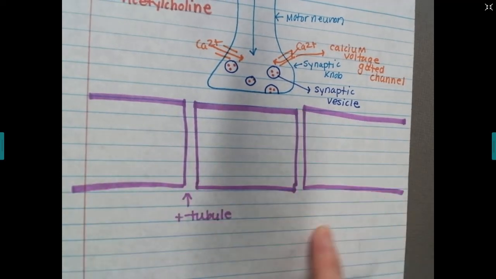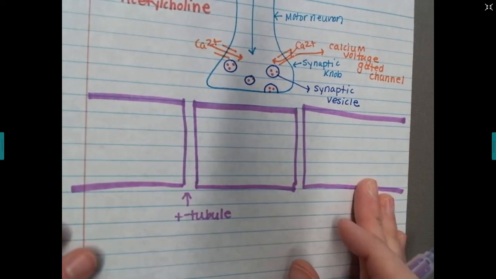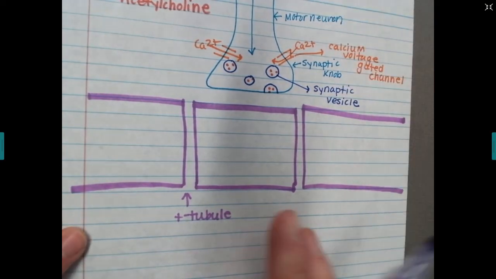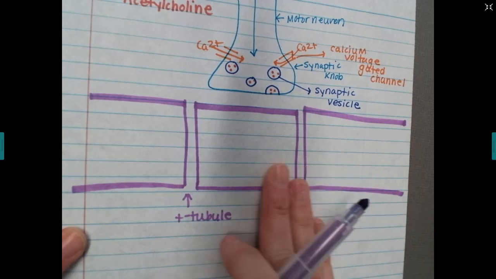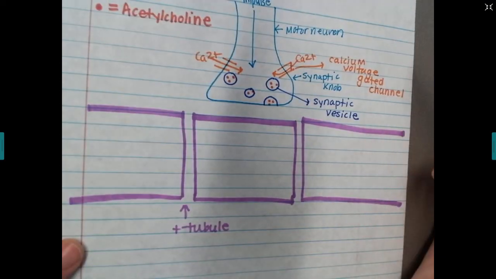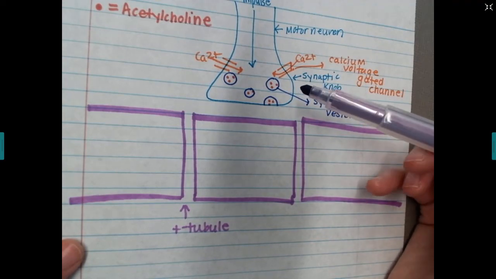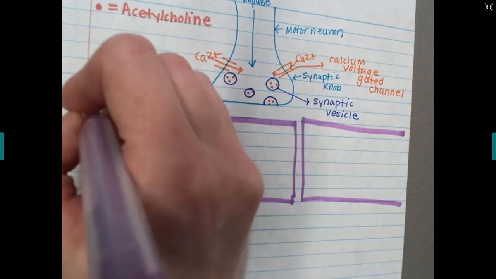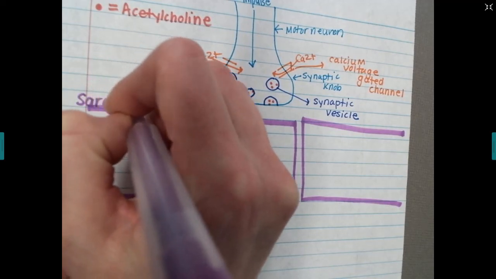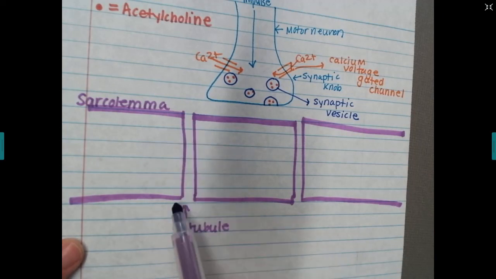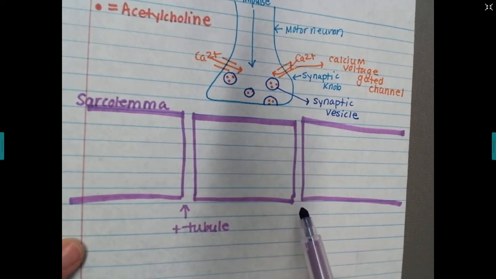So let me just go right back over what we did right here with this purple. So we've drawn most of the synaptic knob up here at the top, but down here, this is going to represent our muscle fiber, and the whole thing is a neuromuscular junction, which is the connection between this motor neuron and the muscle fiber. Now, the muscle fiber is surrounded in sarcolemma. Okay, so my purple is sarcolemma, and it's going to dip down every once in a while and create these holes.